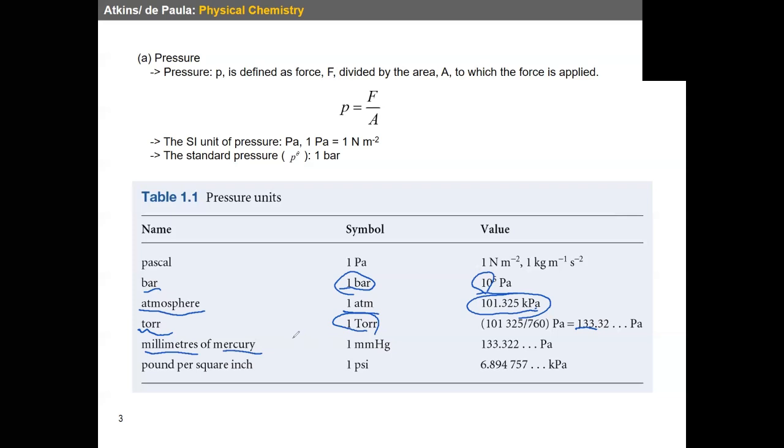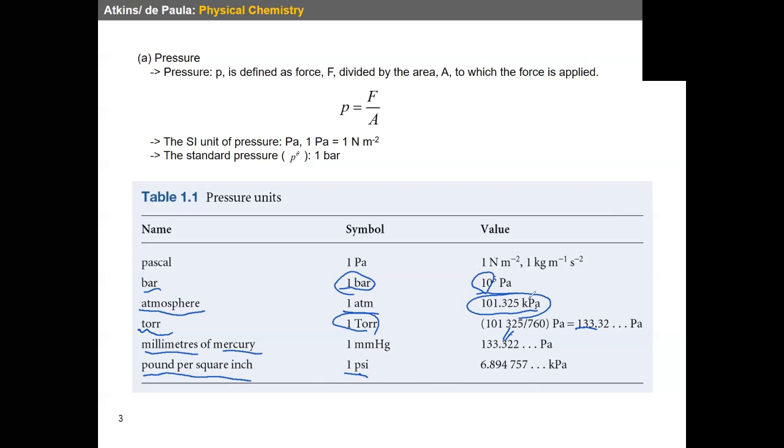This is defined by the mercury being lifted up by the force of the air. So this is actually the same value as the torr. There is also a unit for pressure which is pounds per square inch, written as PSI. So 1 PSI is about 6.9 kilopascals.